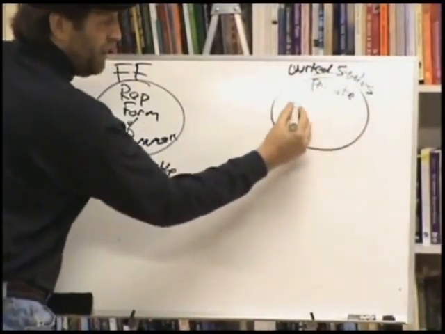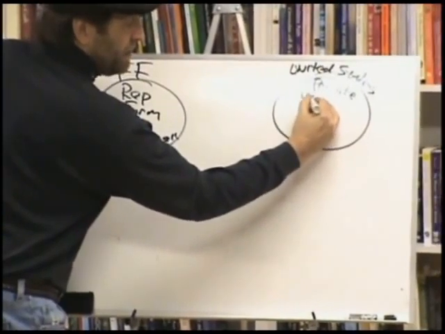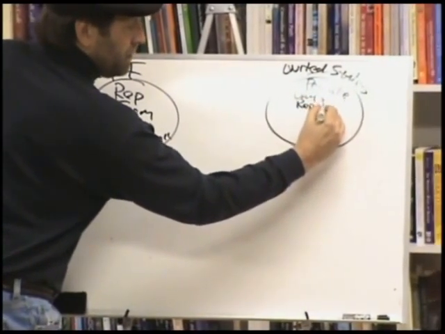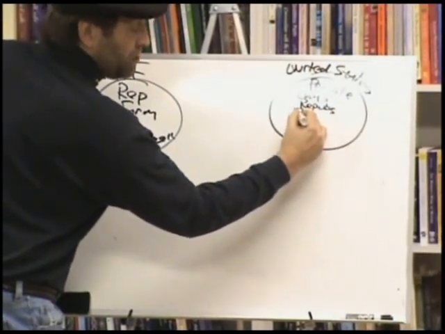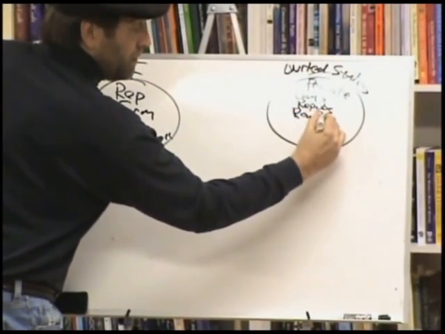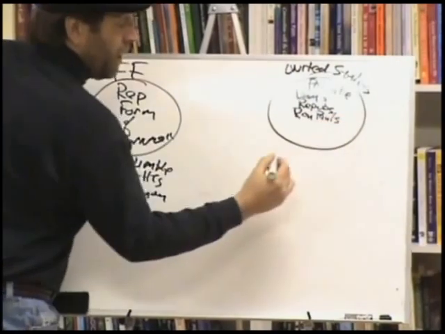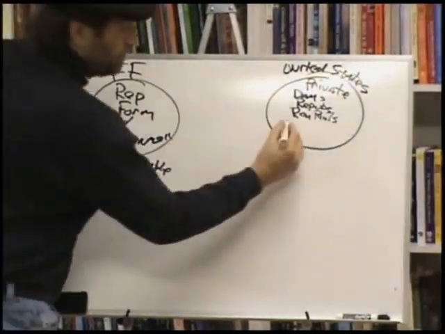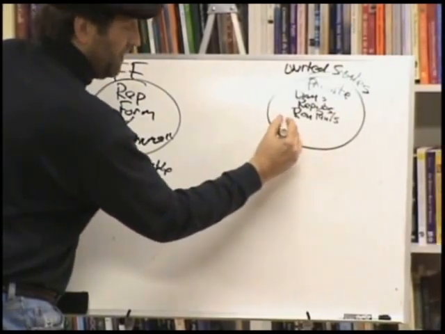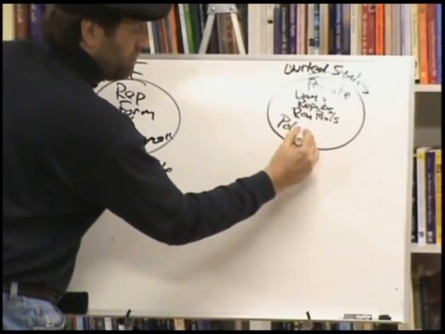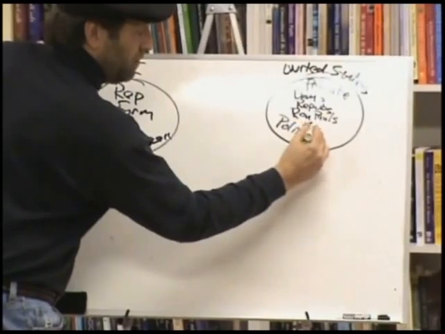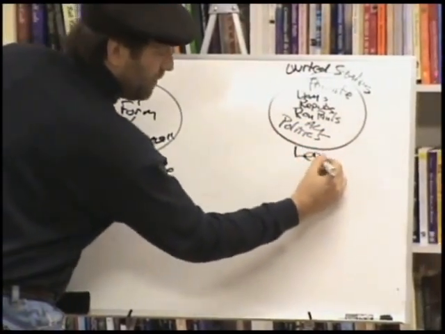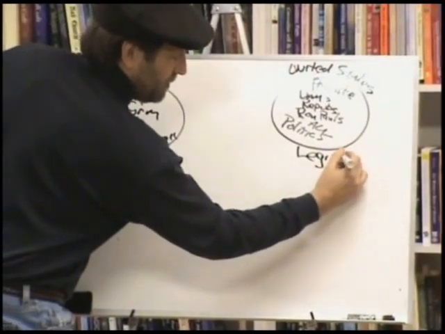In their system are the Democrats, the Republicans, the Ron Pauls, all what appears to be politics. This is the legislative democracy.